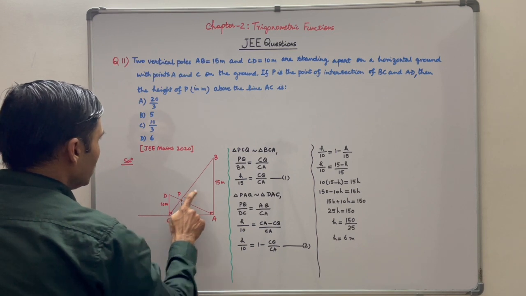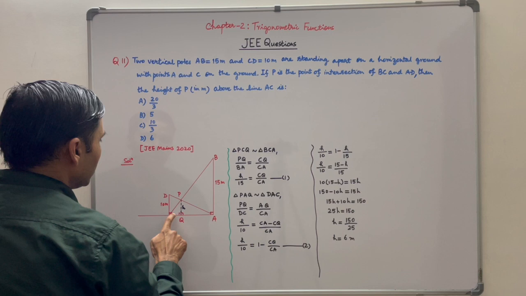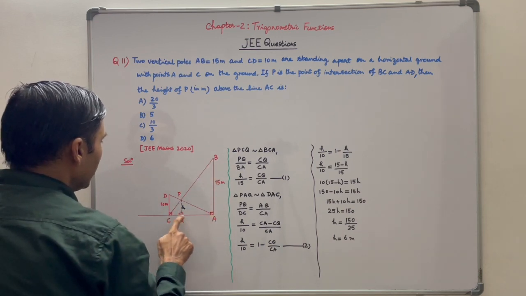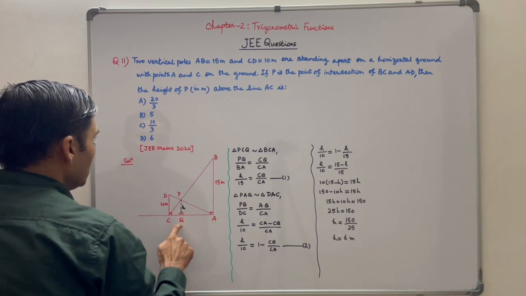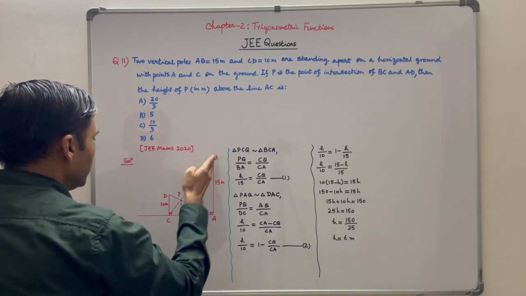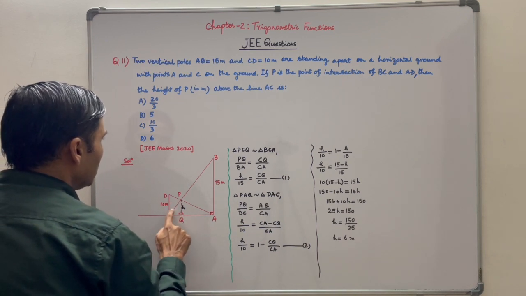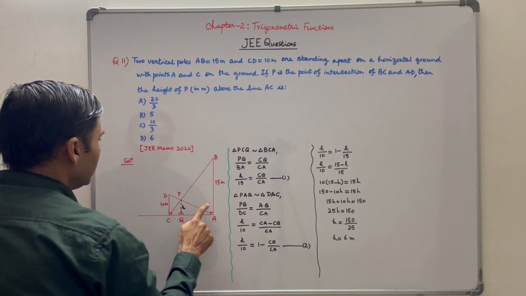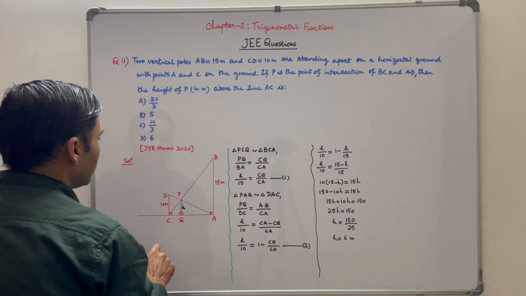Angle PCQ is equal to angle BCA, both are the same angle. Angle PQC is equal to angle BAC, both are right angles. PQ is parallel to BA and BC is transversal, so angle CPQ is equal to angle CBA. So corresponding angles are the same. That means these two triangles are similar triangles.